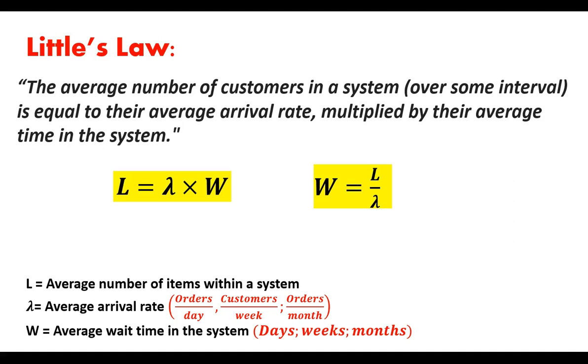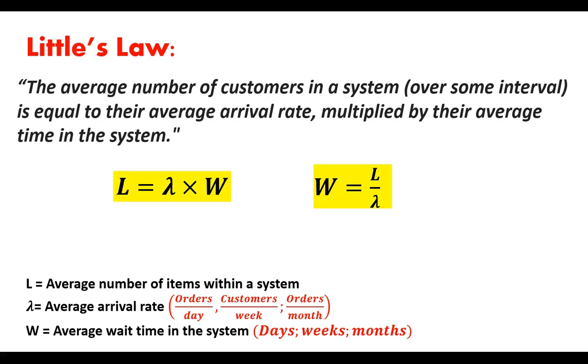Now, there are a few things to consider with these laws, and they're basically the same mathematical equation. One is solved for work in process on the left, and on the right it's solved for wait time, the average wait time you're going to have for your item.